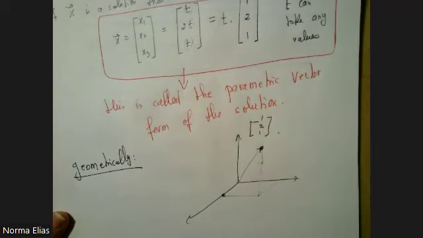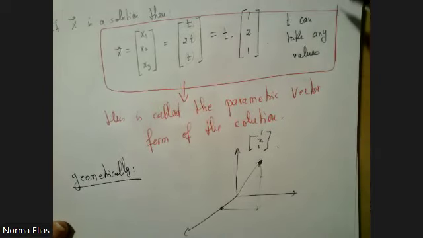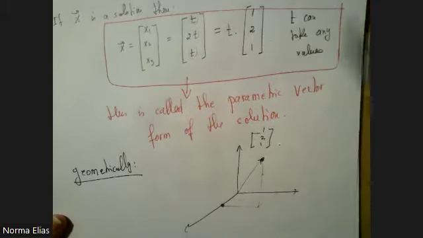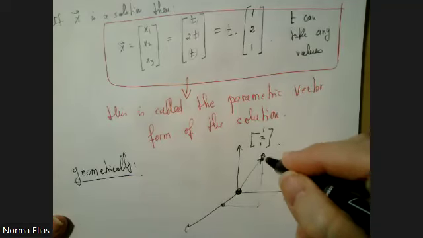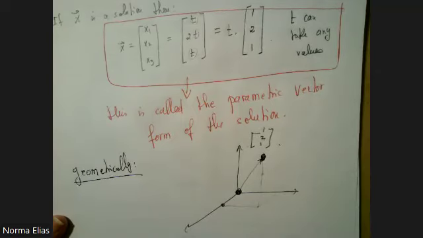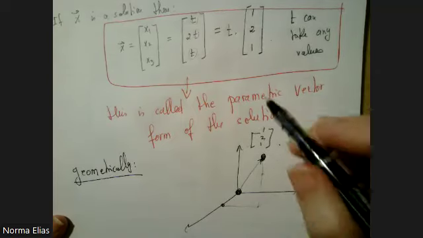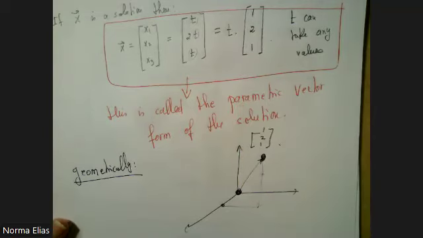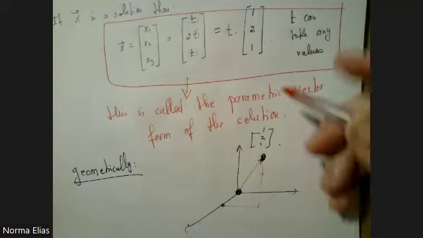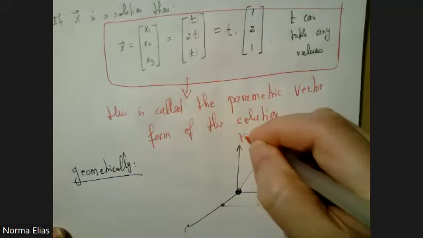Okay, so let us analyze the solution. T can be any parameter. If T is 0, it means that's the 0 solution. If T is 1, that's a solution. What is every other solution? Every other solution is a scalar multiple of 1, 2, 1. So this is T equal to 1.